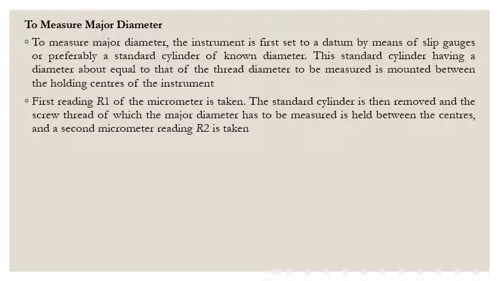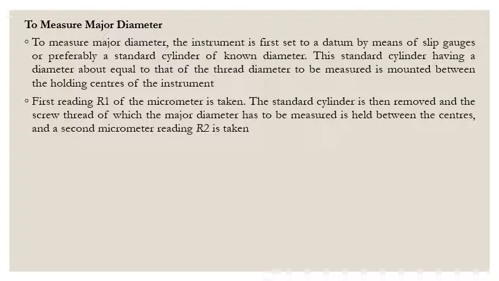One more important thing is that the pressure is applied here by rotating the drum or that scale. The thimble is rotated in such a way that the spring loaded plunger will move inside and gives the reading over the dial indicator. So that is how we are applying the pressure on the specimen or a standard cylinder.